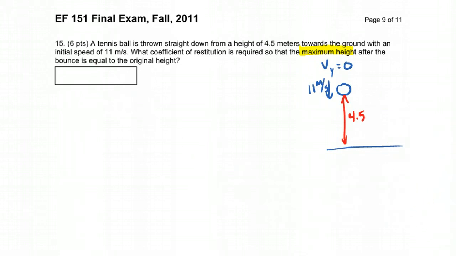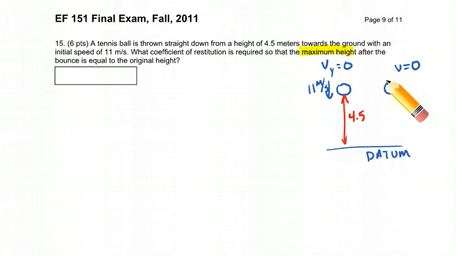After the bounce, we'll have the tennis ball again. Its velocity is going to be 0. It's still going to be at that 4.5 meter height. So let's obviously use our ground as the datum.